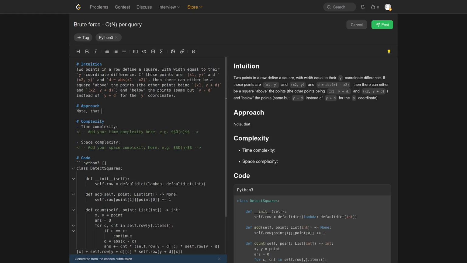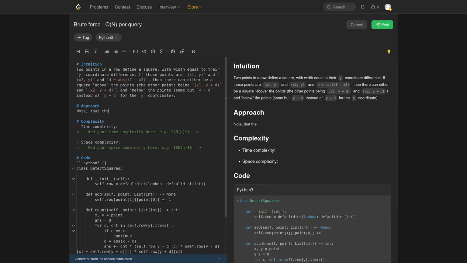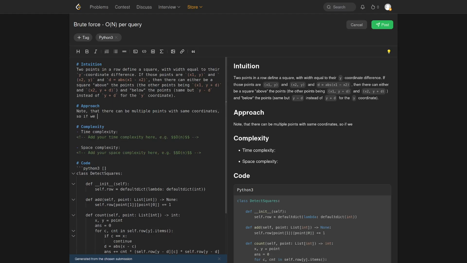Note that there can be multiple points with same coordinates.